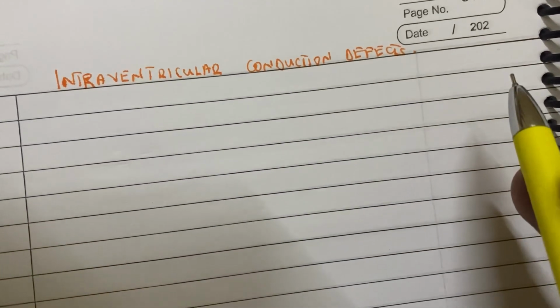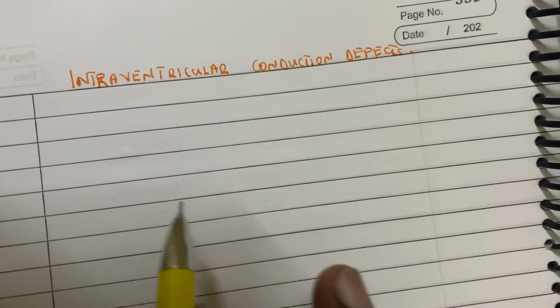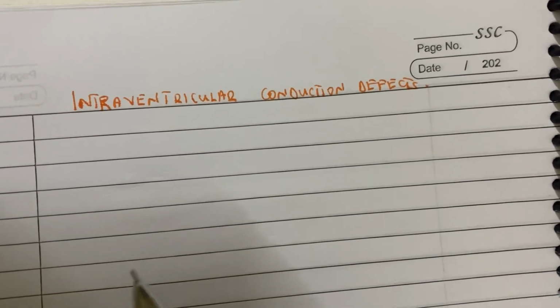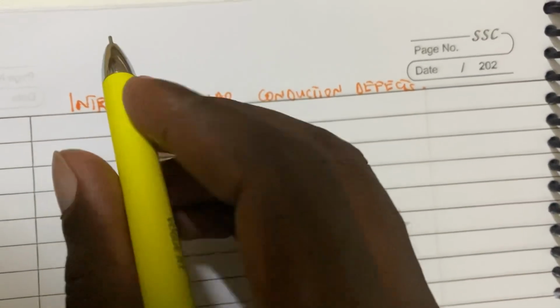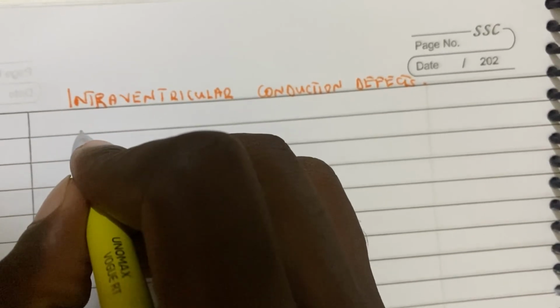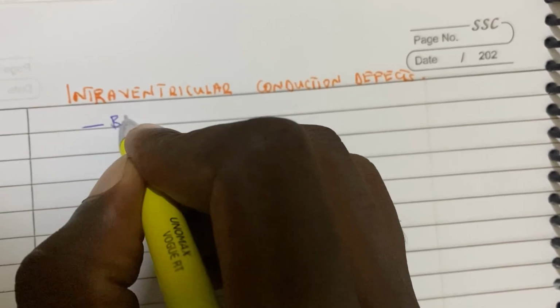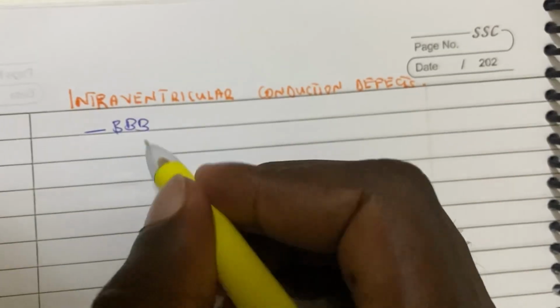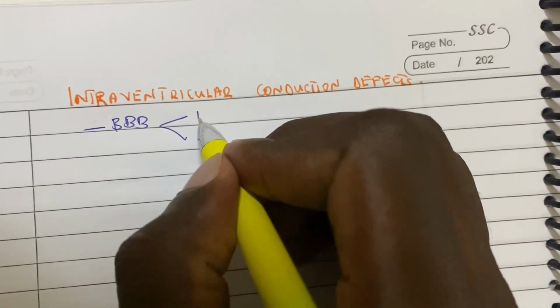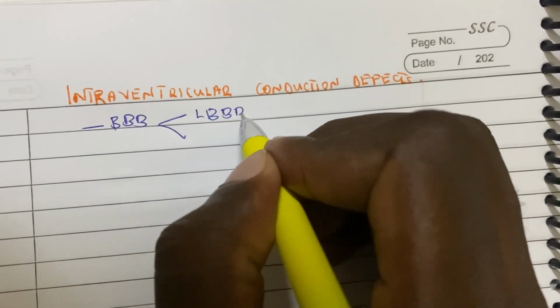Interventricular conduction defects. These are conduction abnormalities that happen within the ventricles. They have many types. We have bundle branch blocks, which include right bundle branch block and left bundle branch block.